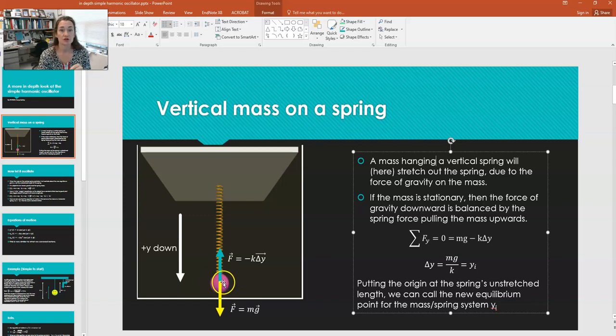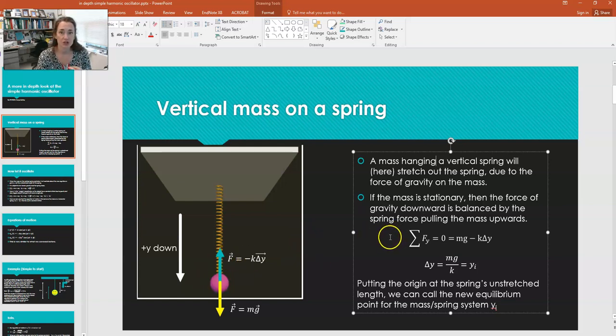If you draw the free body diagram, you have mg acting down, that's my yellow arrow, and then you have the spring force acting upward. Remember, our spring force is Hooke's law, which is minus k, the spring constant, times the displacement of the object from its equilibrium position. Here that is acting upward.